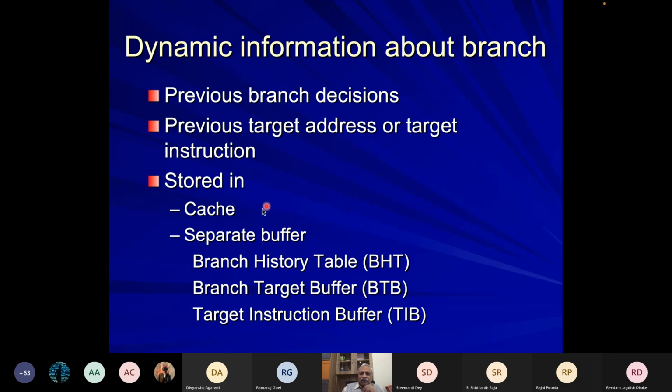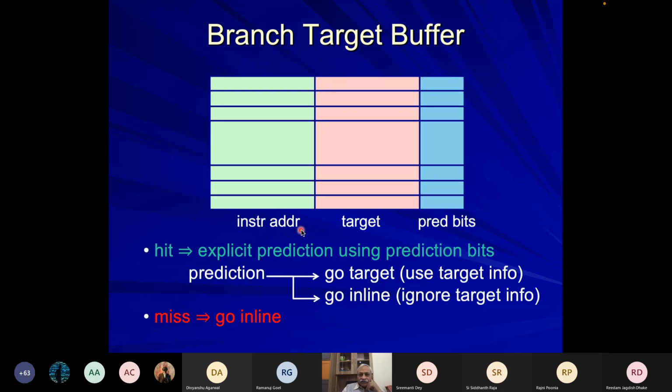If you're keeping that information in cache itself, then of course, apart from the 32-bit instruction, you will have to have a few more bits to remember whatever you want to remember. So here is a picture of, let's say, a branch target buffer. Think of this as a lookup table. The first field in each entry is the instruction address.